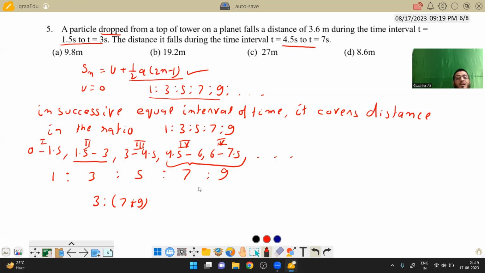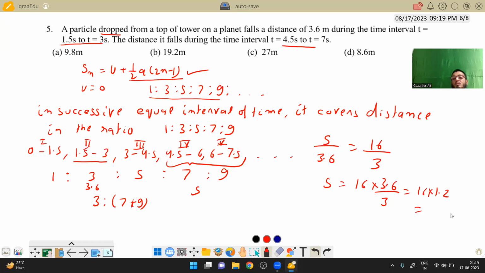So the distance traveled in this interval is, let's say, S, and the distance traveled in the other interval is 3.6. So S upon 3.6 is equal to 16 upon 3. So S is equal to 16 into 3.6 divided by 3, which is 16 into 1.2, 19.2 meters. So the answer is 19.2 meters.